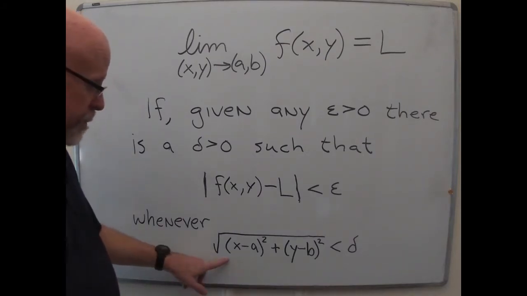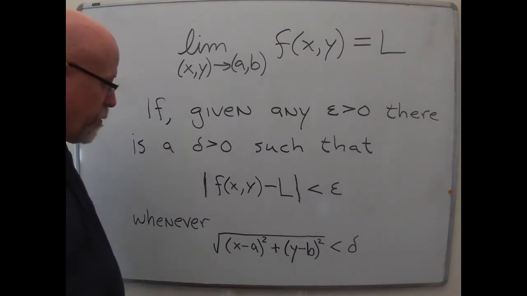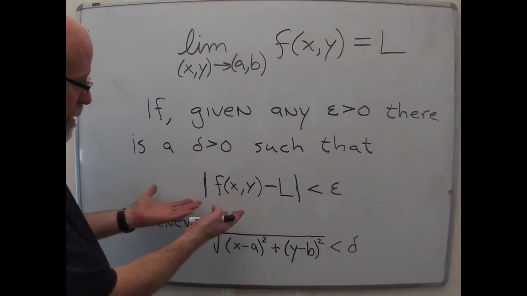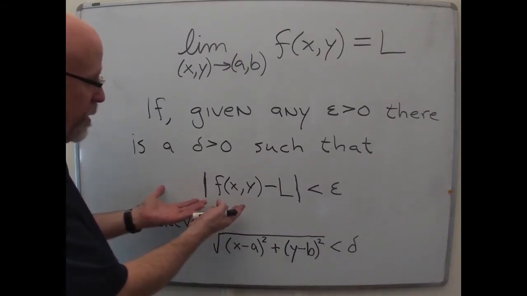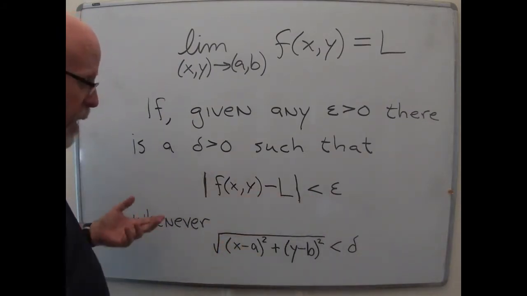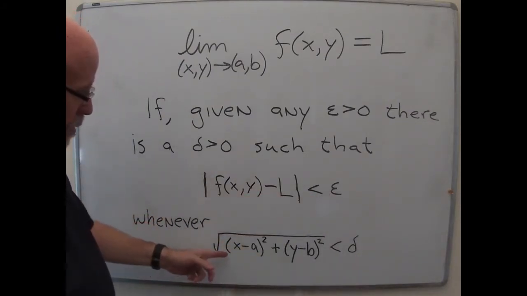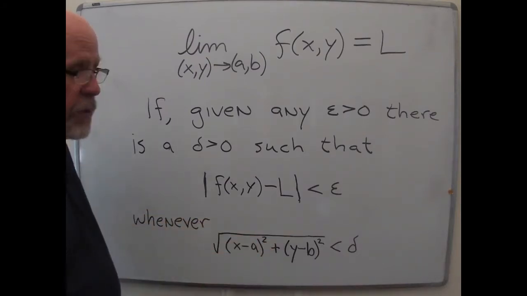If you've got points, then you have to do the Euclidean distance, that distance formula. So the value of the function will be very close to L. It'll in fact be within epsilon of L every single time you've got your point (x, y) rather close to (a, b), within delta of it.